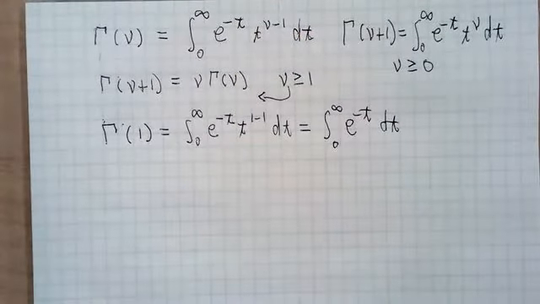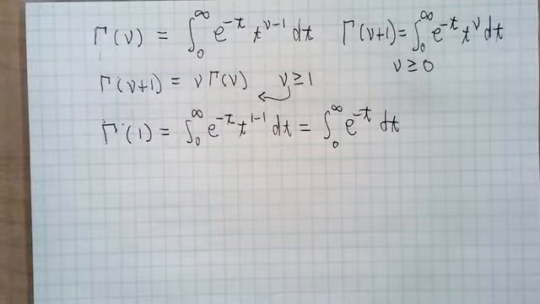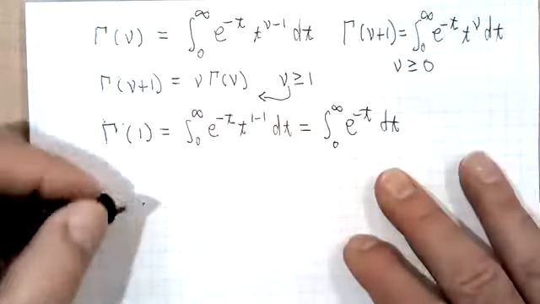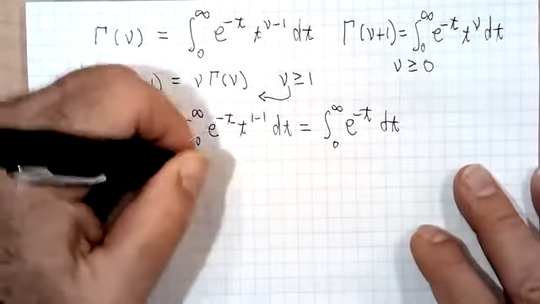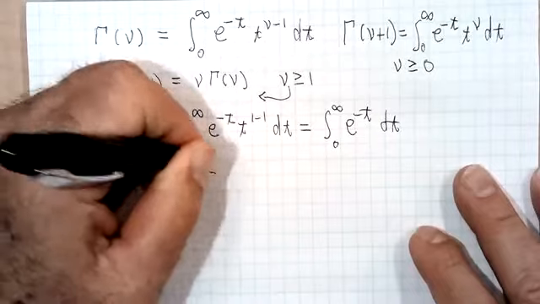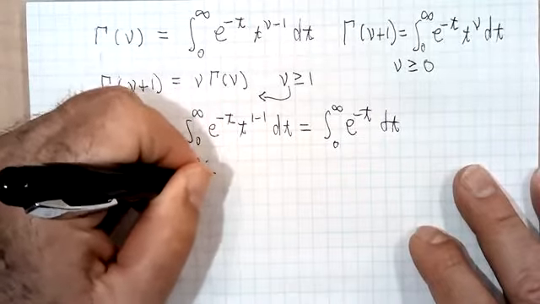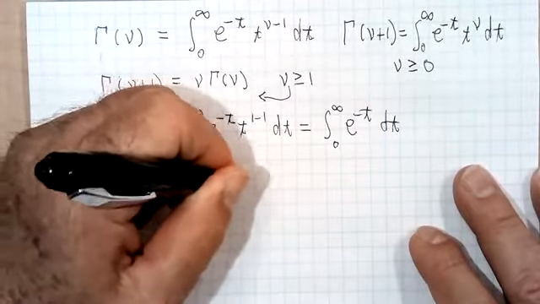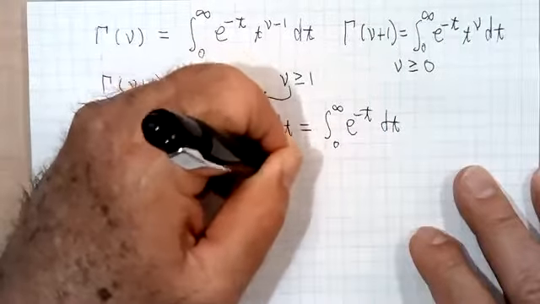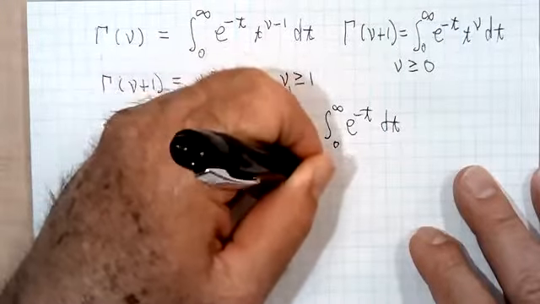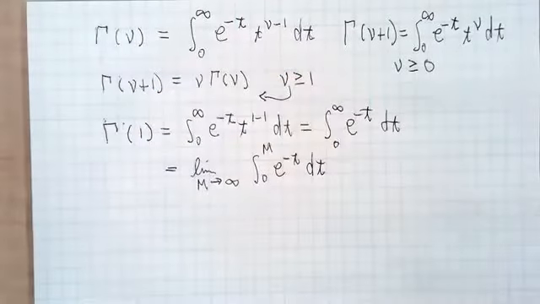Now, I want to review exactly that this has a meaning. It means this: it's the limit as, let's say, capital M tends to infinity of the integral from 0 to M of e to the minus t dt. And I want to do this a little bit carefully once.